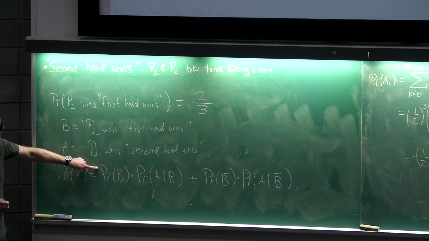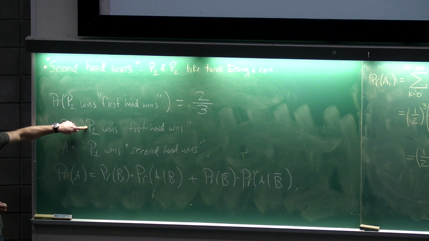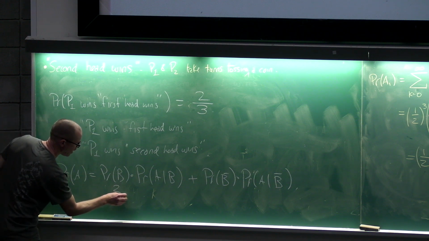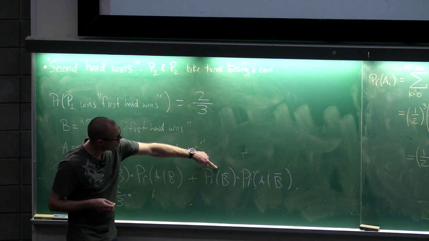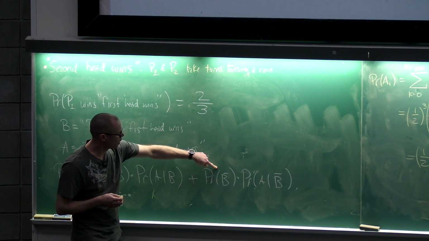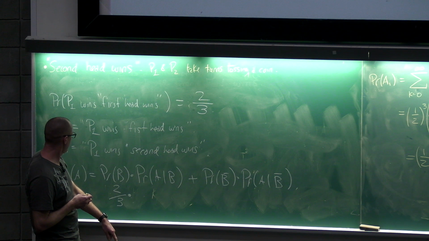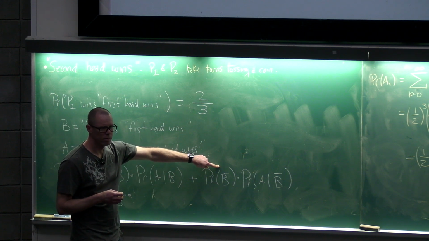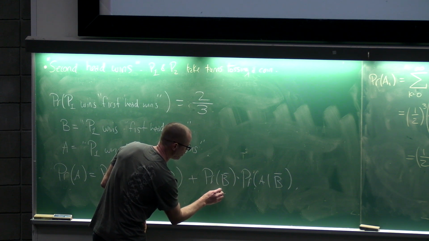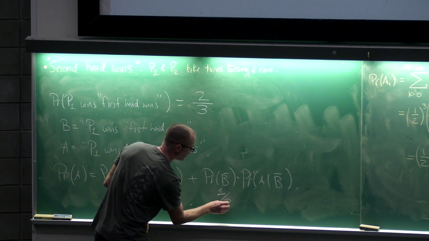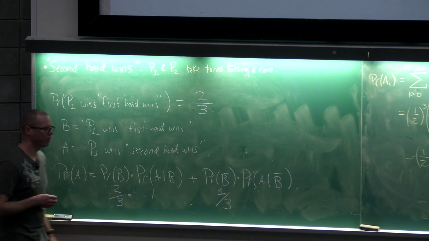Probability of B, we know. This is P1 wins first head wins. So that thing we know is 2/3. Probability of not B, this is when player one loses that simple game. He wins with probability 2/3, so this is probability 1/3.